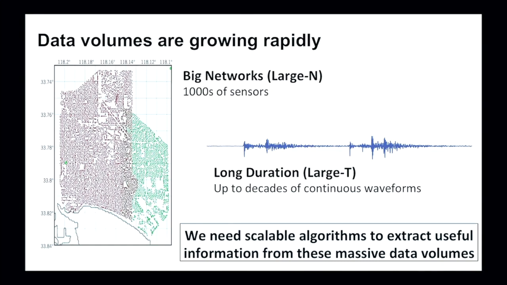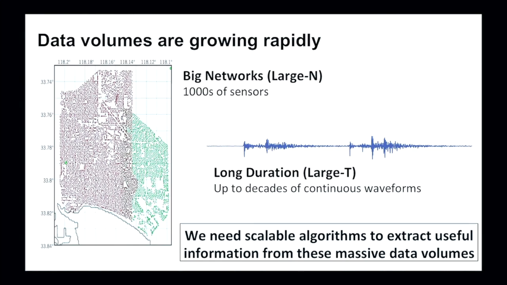Also, we have what are called large-N networks, seismic networks with hundreds to thousands to in the neighborhood of 10,000 nodes. This shows two faces of the Long Beach array. Each one of these dots represents a seismic station, and there are thousands of them, recording continuously 24/7 for weeks to months in this case.